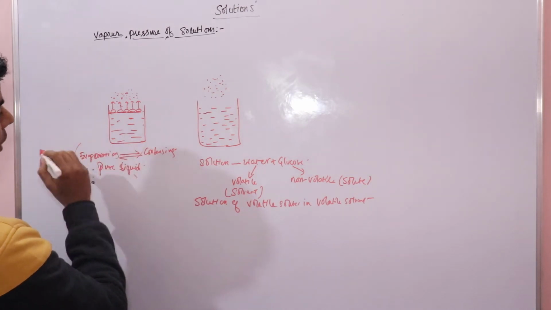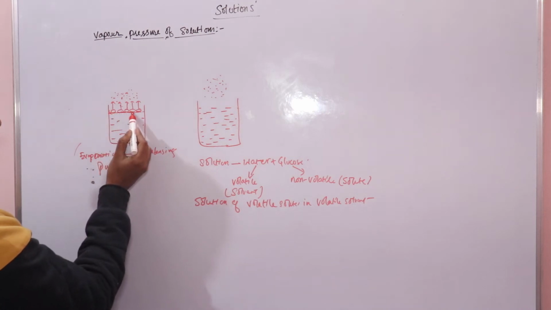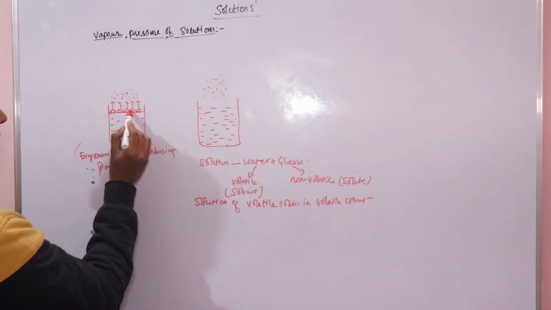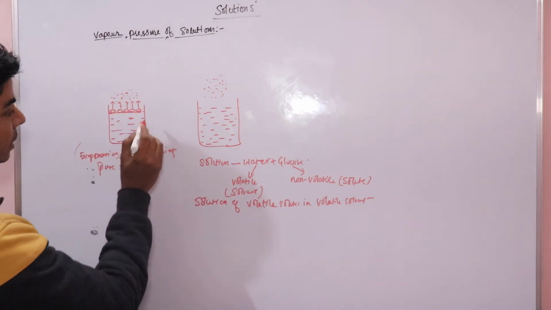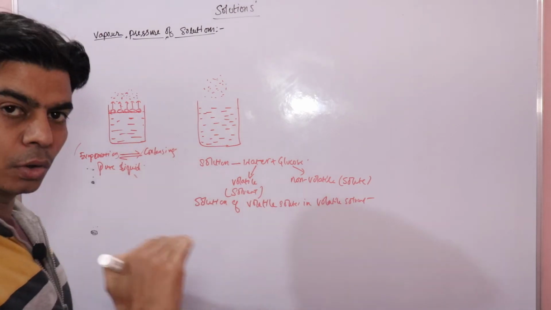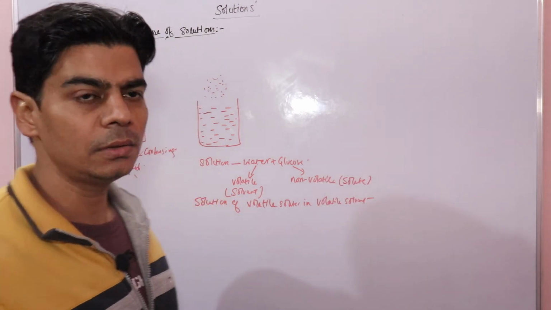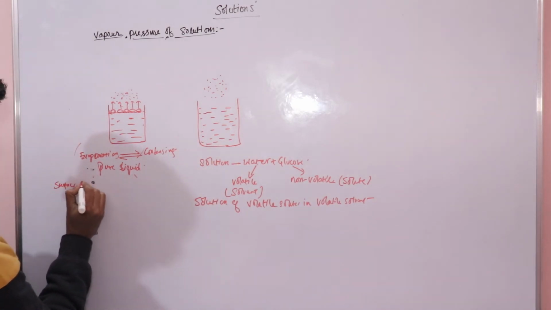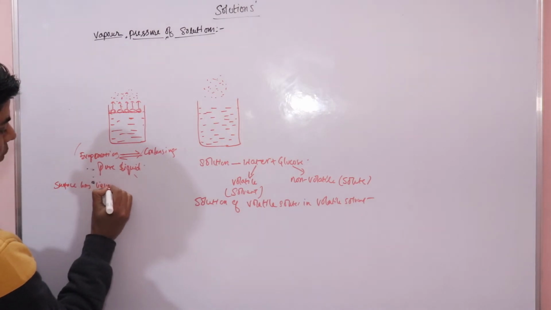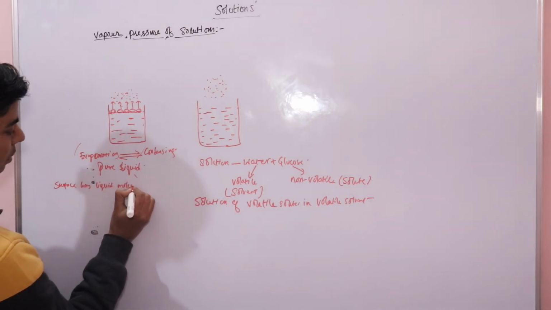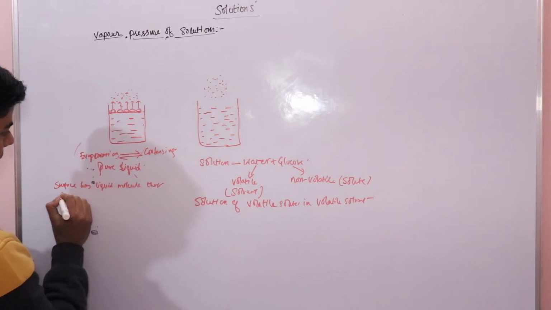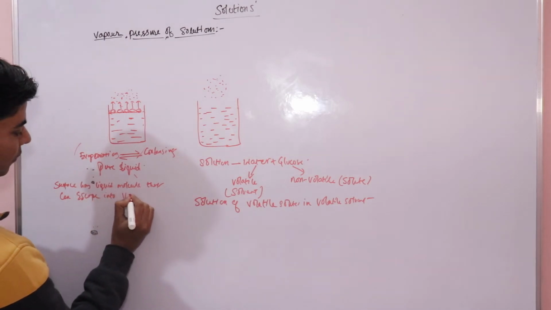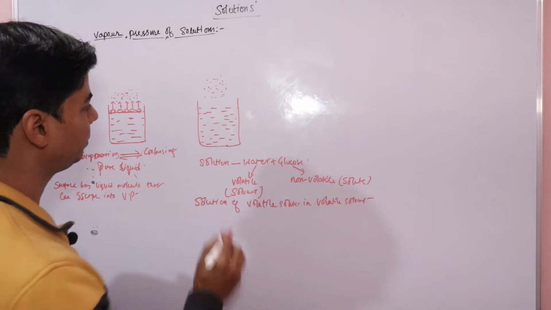In the case of a pure liquid, all molecules at the surface of this liquid have a tendency to escape into the vapor phase. So the surface has liquid molecules that can escape into the vapor phase.